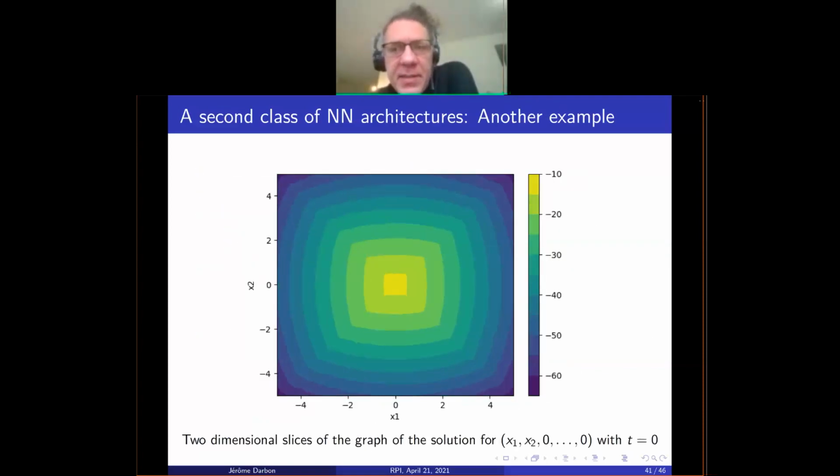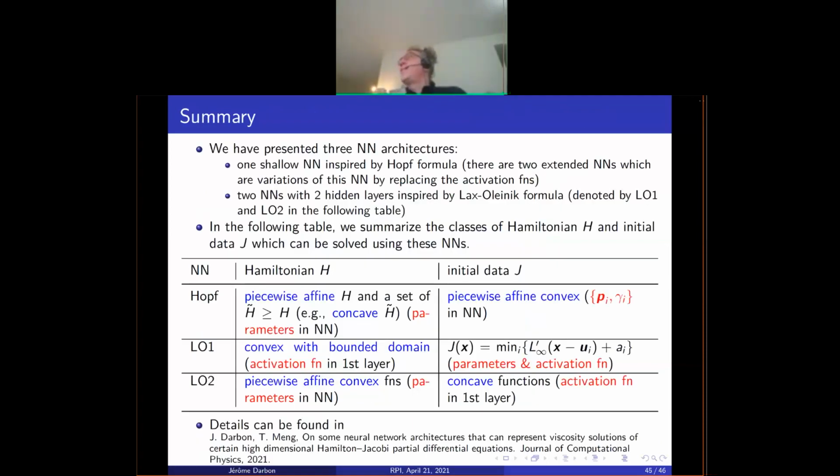And let me skip that example, and let me do the summary here of what we have so far. So far, we have 3 neural network architectures. The first neural network architecture was inspired by the Hopf formula, and the two other ones are inspired by the Lax-Oleinik formula.